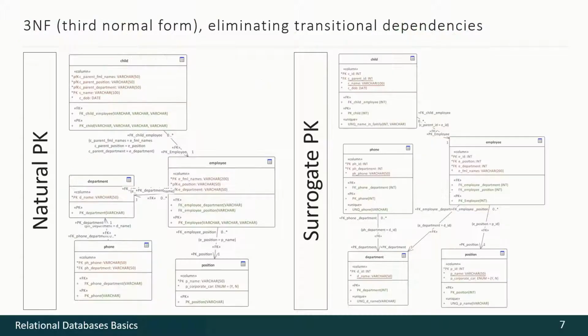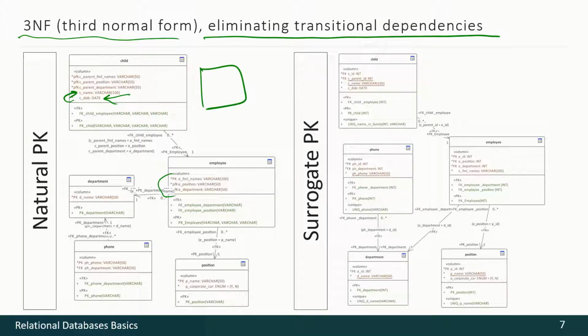To achieve the third normal form, we have to eliminate transitional dependencies. What transitional dependencies did we have here? This is information about child date of birth, and it is dependent on child name. What child is it? And that information about child name was dependent on the primary key.